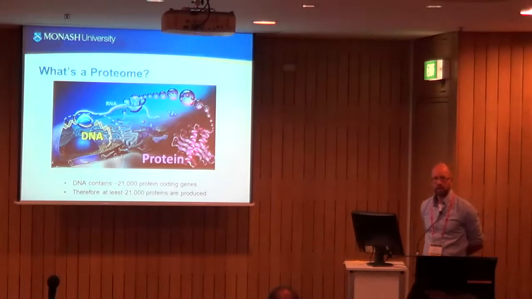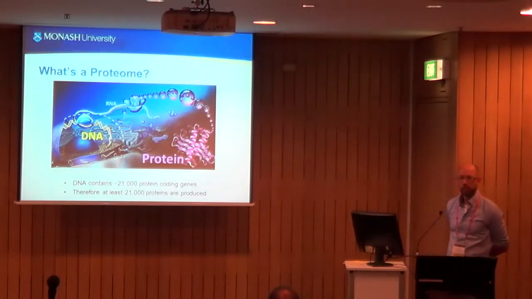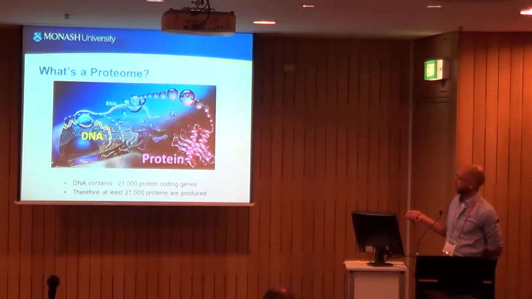It's interesting to note that after 11 or 12 years, we still don't know the final number of genes. But effectively, from a gene, you basically make one protein. That's the base level. So we have at least 21,000 proteins, but it's actually much more complicated than that.